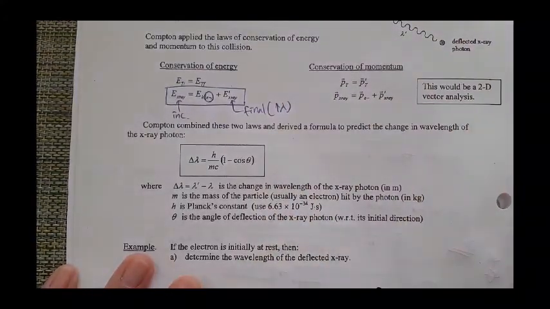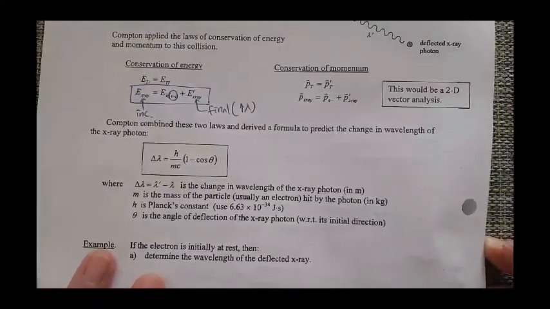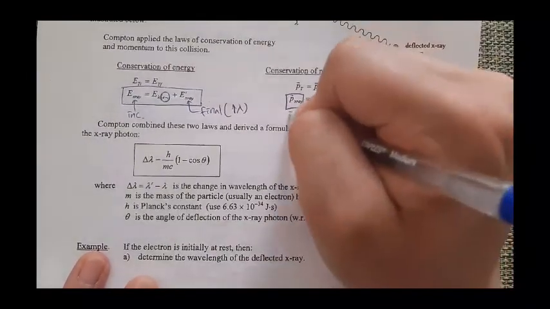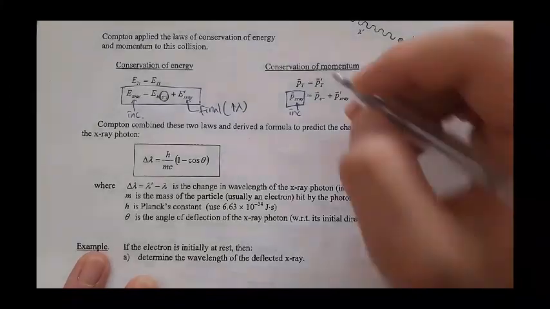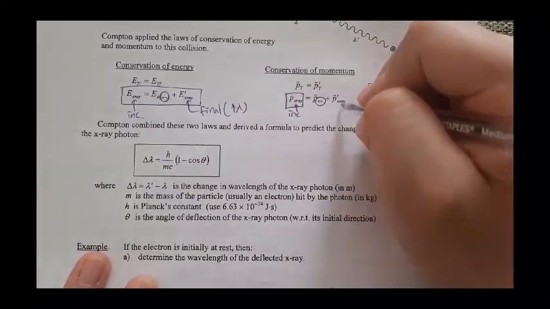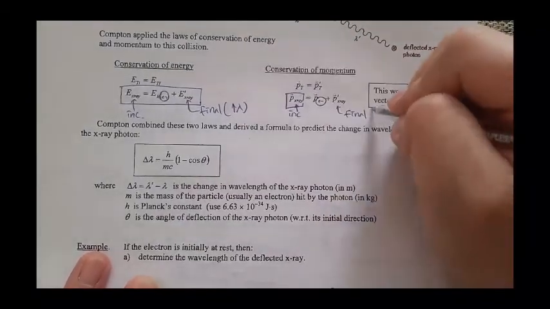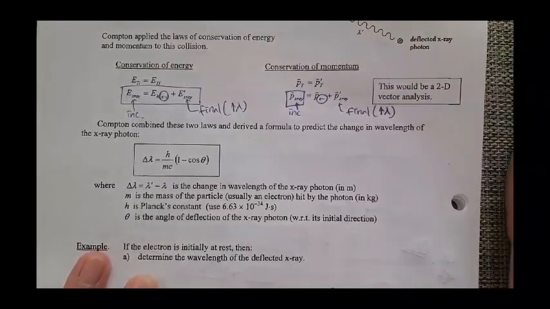That's one way of approach, the law of conservation of energy. For conservation of momentum, the incident or incoming radiation's momentum should equal the electron's momentum plus the final X-ray's momentum, which again, like I said, has slightly higher wavelength because it lost energy.